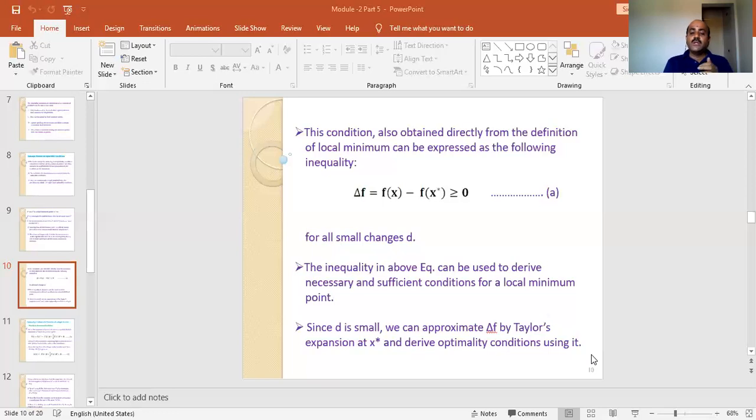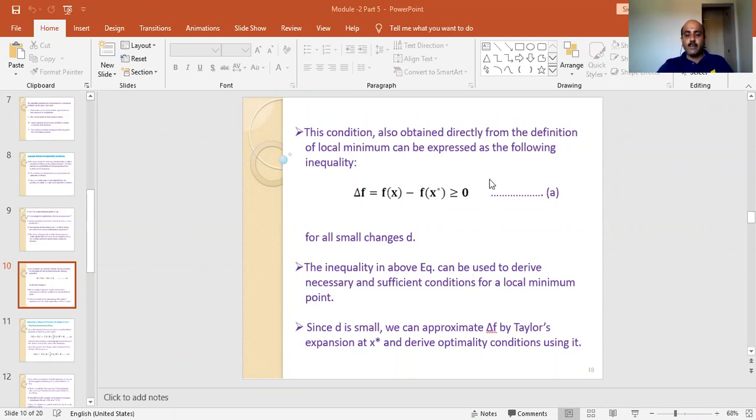Therefore, we can approximate delta f, or the change in the function, by Taylor's expansion at x star and derive optimality conditions using it. This is what we are going to do in the next steps.